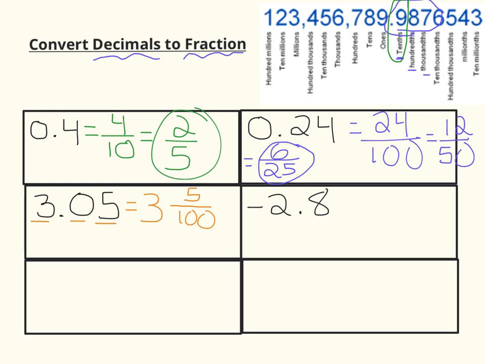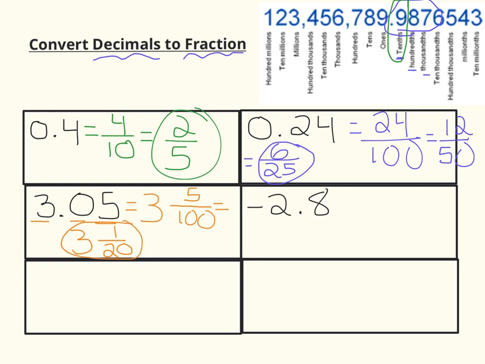Let's see, well, 5's not even, so we can't cut in half, but we can divide them both by 5. So the 3 out in front stays with us. If we divide the top by 5, we'll get 1. Divide the bottom by 5, we get 20. So 3 and 1 over 20.